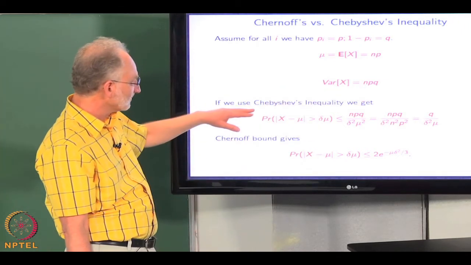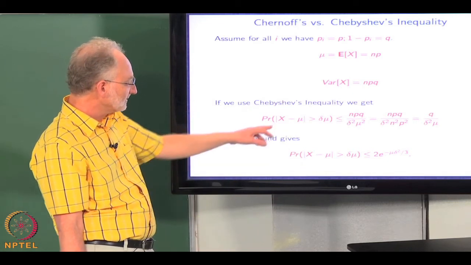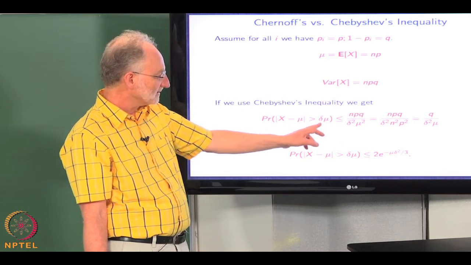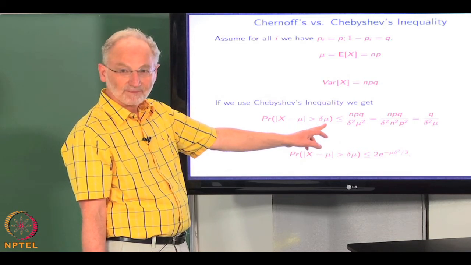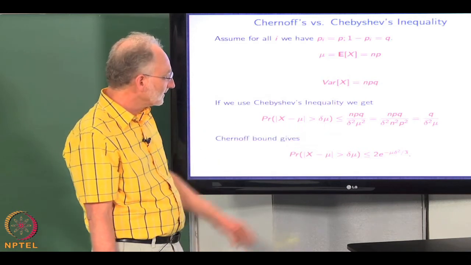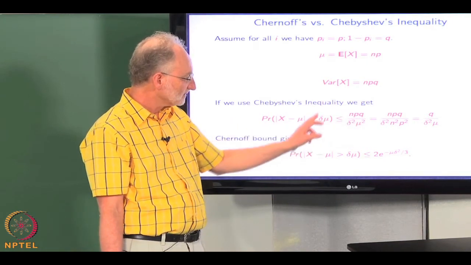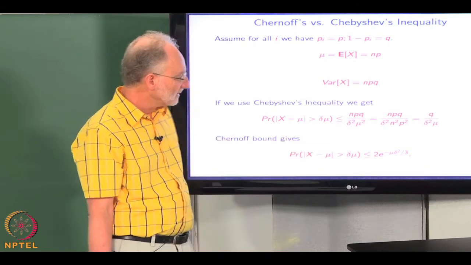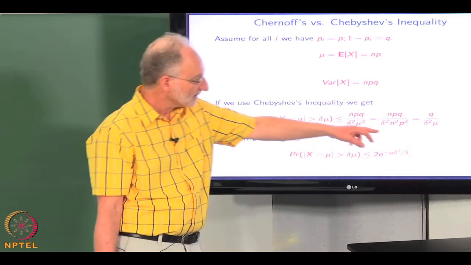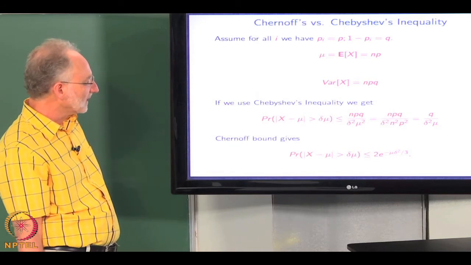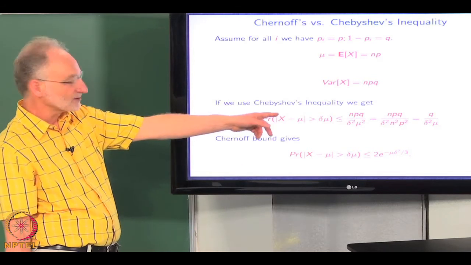So if you do Chebyshev, the probability that you deviate from the expectation by delta times the expectation is bounded by the variance divided by the square of the deviation. If you plug in the right thing, you get that it's basically q divided by delta square mu.